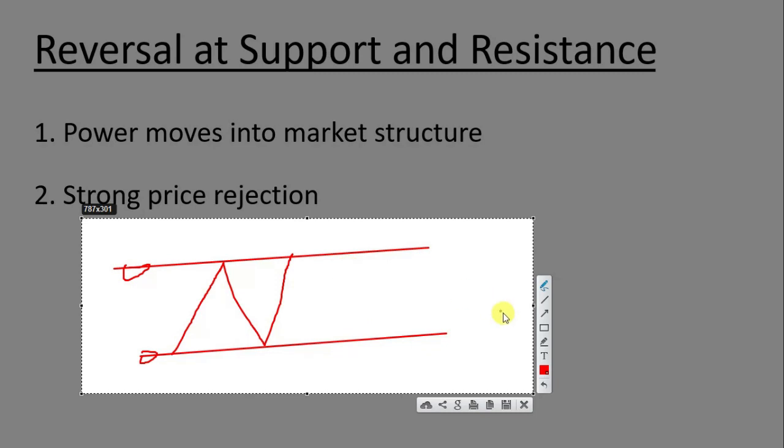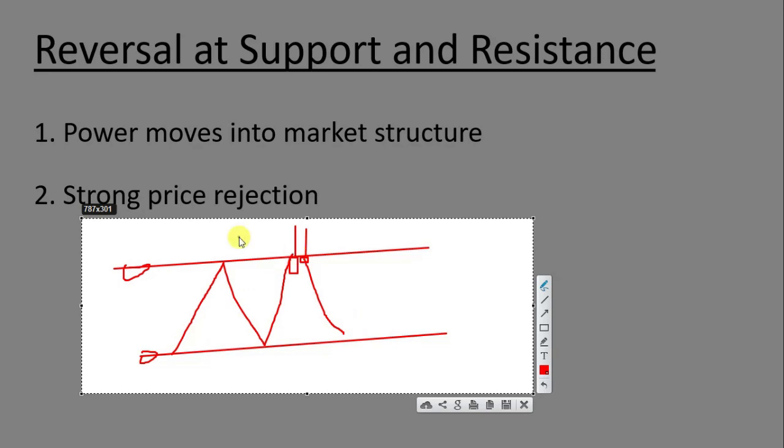So when the market hits this level again and makes a candle like a shooting star or something like that, strong rejection, maybe this candle can be even smaller, and still strong rejection. It means there is a sign of reversal of the market from this level, and it will come here again.